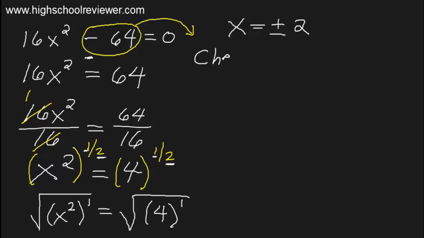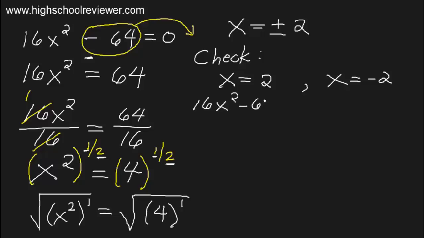Let us now check if our answers are correct. So our first value of x is positive 2. The second value of x is negative 2. Our equation is 16 x squared minus 64 equals 0. We have here also 16 x squared minus 64 equals 0.